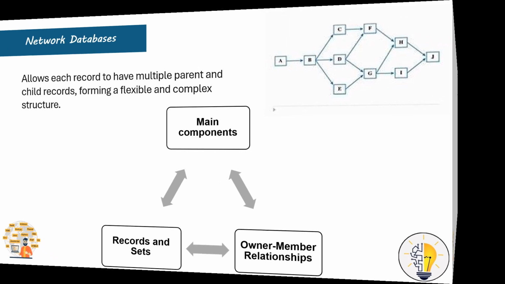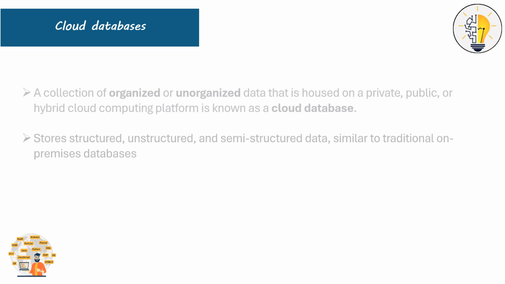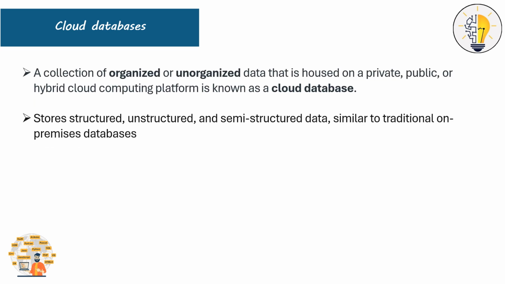Moving on to the next slide, it is about cloud databases. What is a cloud database? It is a collection of organized or unorganized data, that is, structured or unstructured data, held on a private, public or hybrid platform.